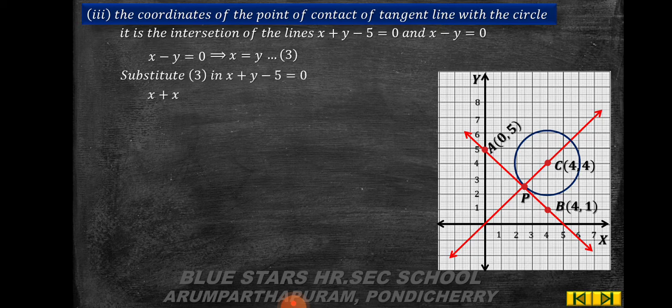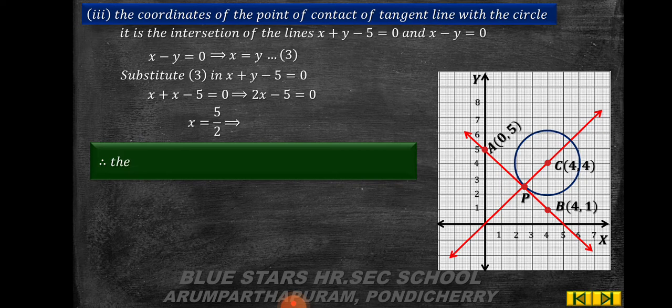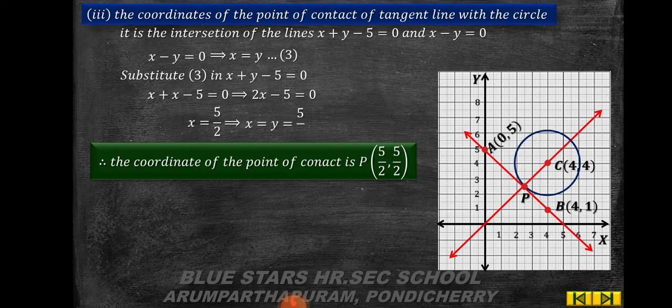So substitute equation 3 in the equation x plus y minus 5 is equal to 0. So instead of y we are just substituting x. So x plus x minus 5 is equal to 0. 2x minus 5 is equal to 0. The value of x is equal to 5 by 2. Therefore, the coordinates of the point of contact P is (5/2, 5/2).